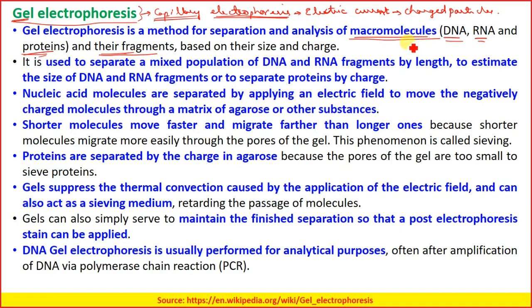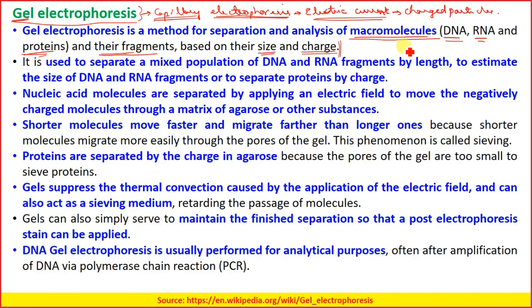Okay, and as I said, they are being analyzed, or separated, based upon their charge and also based upon their size, because we need to apply the electric current for the separation based on the charge. However, that separation is also dependent on the size.